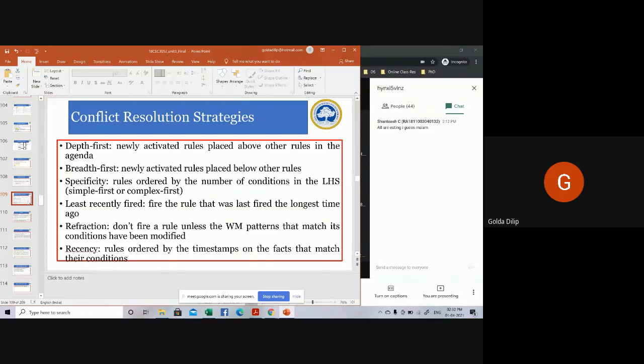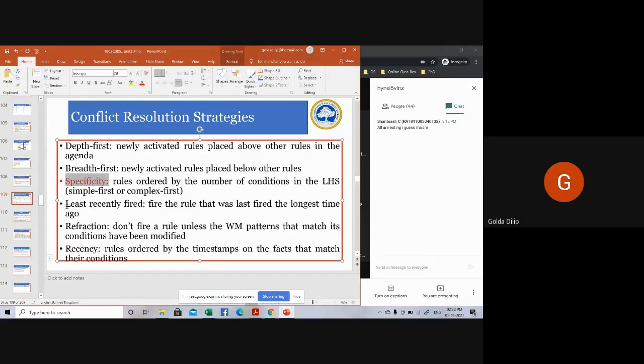Another thing is conflict resolution strategies. These strategies work well especially for expert systems with around 50 to 100 rules. Beyond that, things become very complex. We have different types of rules here. You can see the specificity rule.